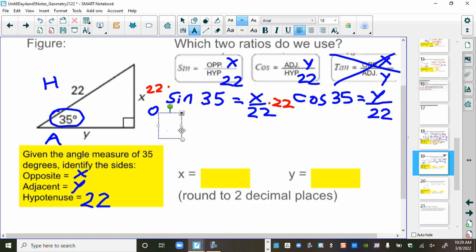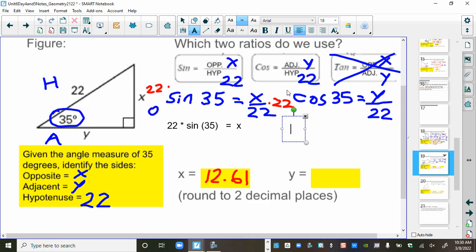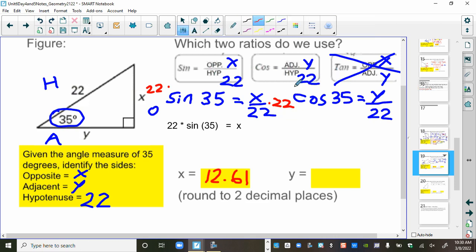All right. Okay, what did we get for X? What number? $12.61. And then what about the Y? So again, all you have to do is just multiply both sides by what number?